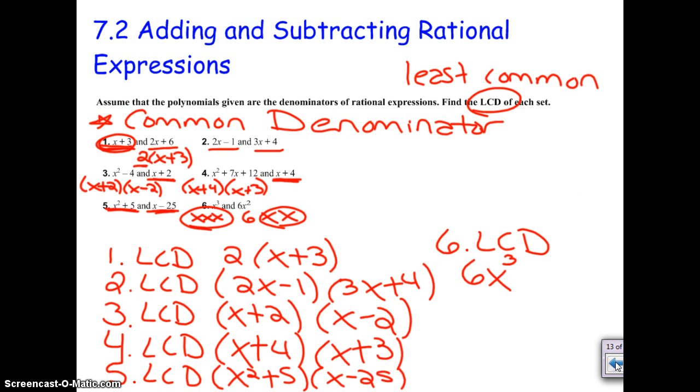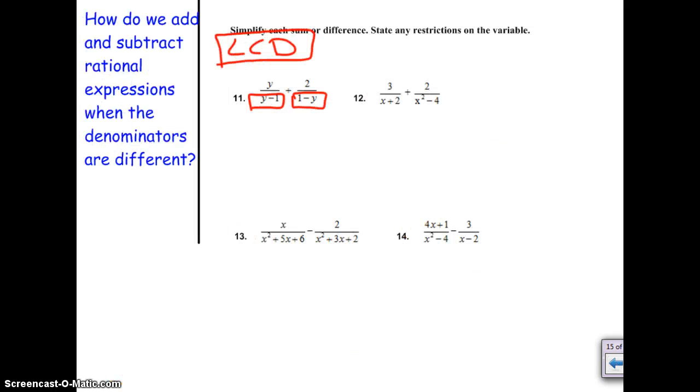We were looking to see if these were already simplified. If they weren't, we factored them, but if they were, then we kept them the same, right? So right now these are simplified, and what I'm going to need is if I have a y minus 1 and a 1 minus y, I actually have to take both of them as my LCD, my least common denominator.